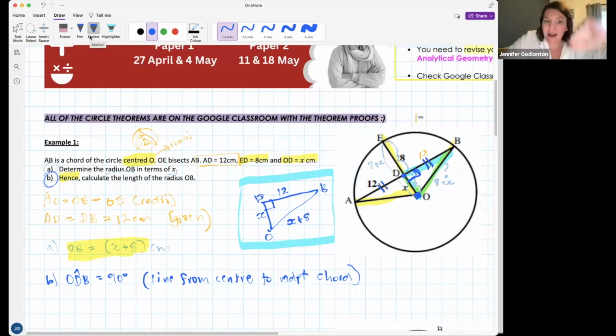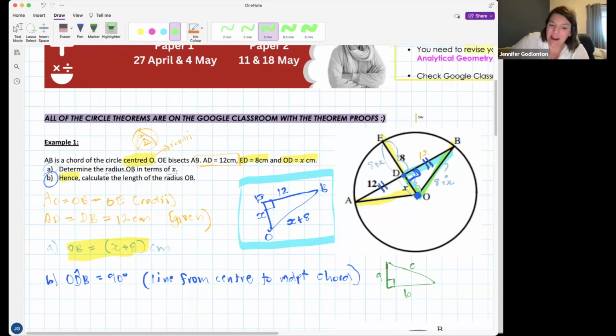Okay. So keeping that in mind, does everyone remember Pythagoras? Do I need to write a little cheat sheet for you over here on the side? Let's do one quickly over here. Yeses, okay. So Pythagoras says that our hypotenuse, which is the longest side of a triangle, squared, is equal to the sum of the other two sides of our triangle squared.